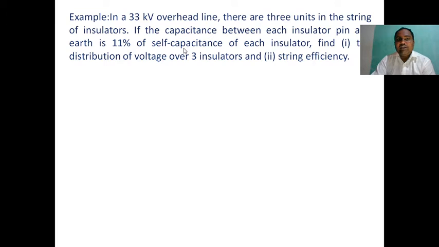K is equal to C1 by C. What does 11% mean? That is normally 0.11. So we know the K value: the capacitance between each insulator pin and earth is 11% of the self capacitance.